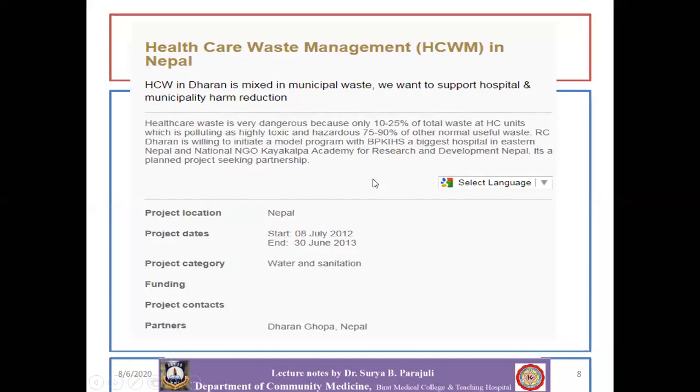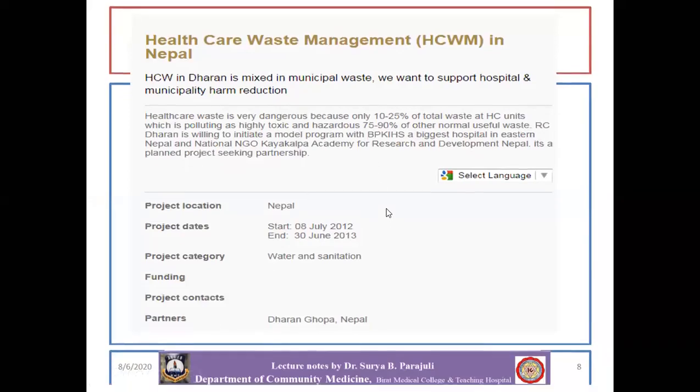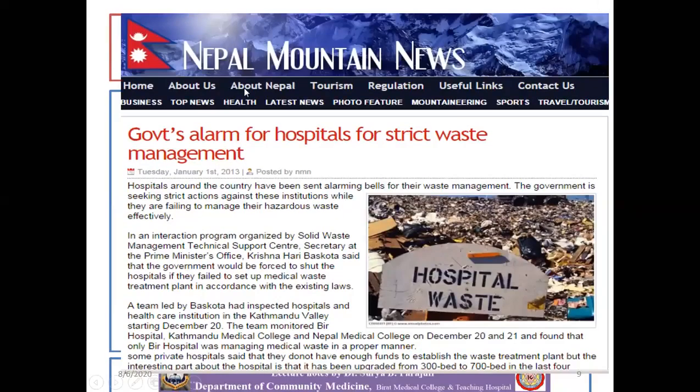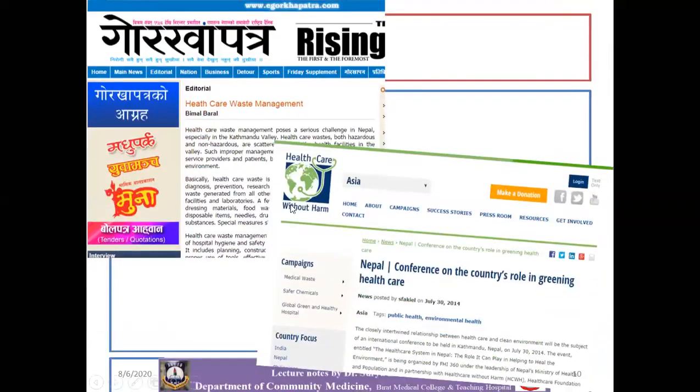This is one from the Korea Institute of Health Science. You can see in Nepal Mountain News, government alarms hospitals for strict waste management. You can see the waste generated from hospital. Gorkha Patra has an editorial on healthcare waste management and a conference on countries' role in greening healthcare, greening healthcare policy. These all are background.